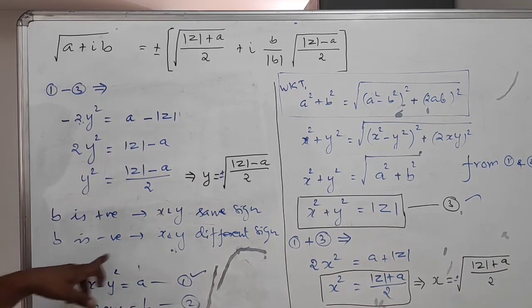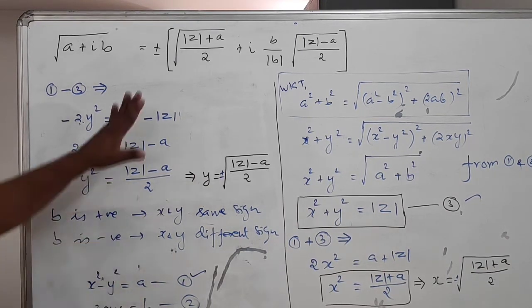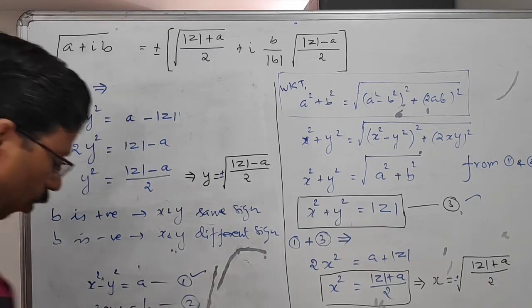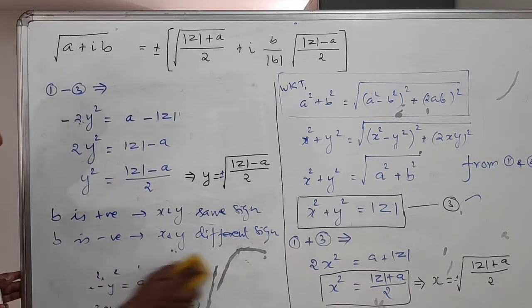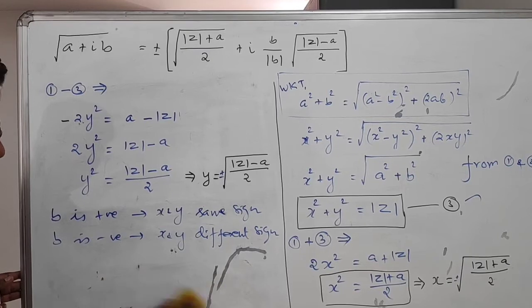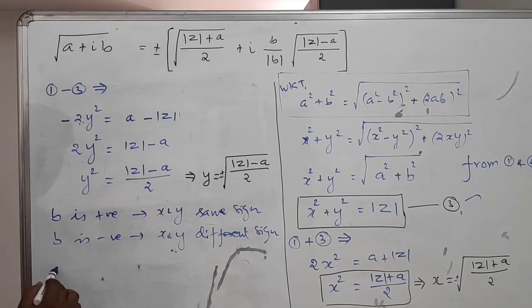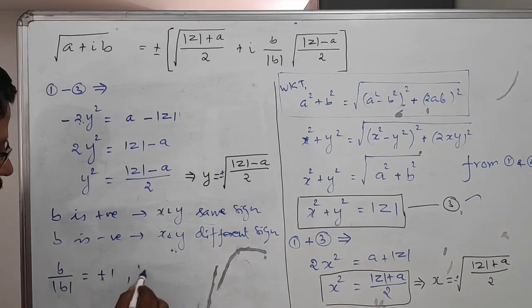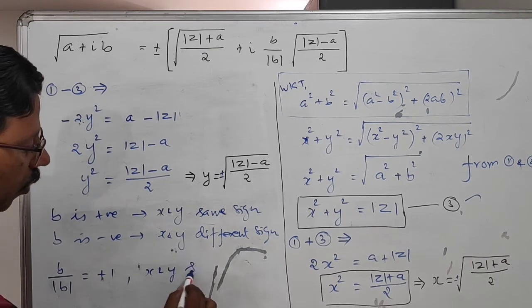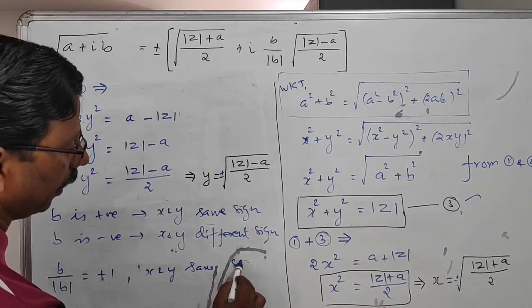Therefore here we don't know whether b is positive or negative. In general we have taken it so. To identify whether it is positive or negative, you have to introduce another concept, that is b by modulus b. b by modulus b is plus 1 when both x and y have the same sign.